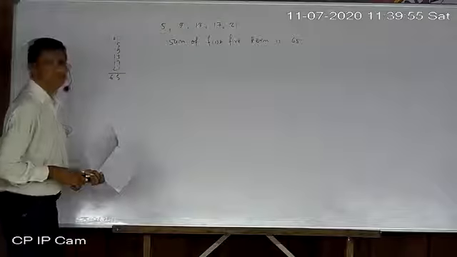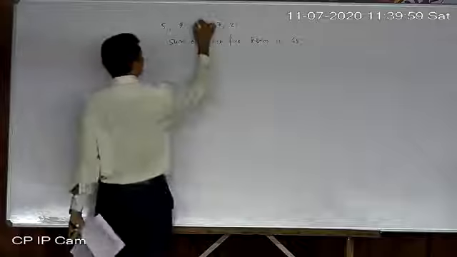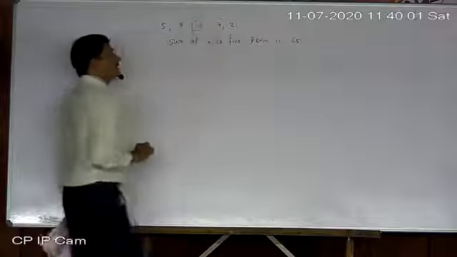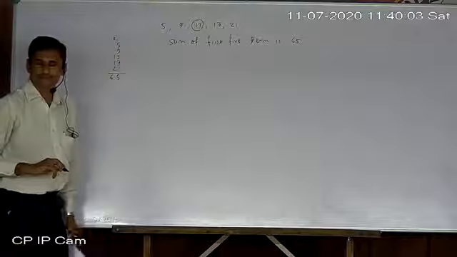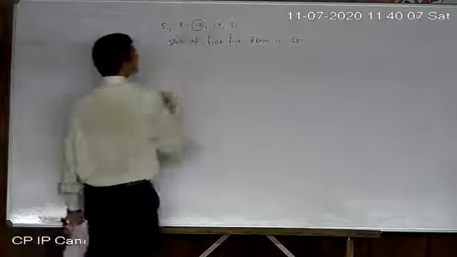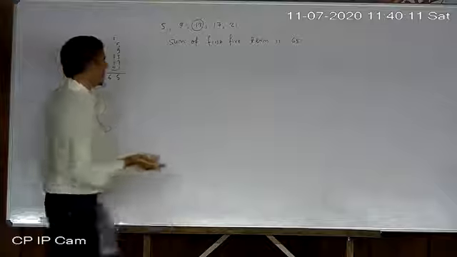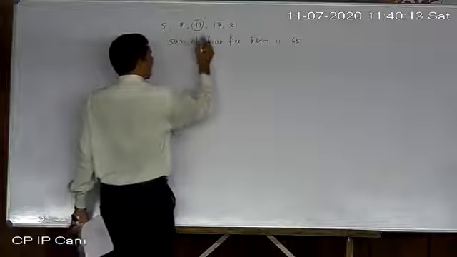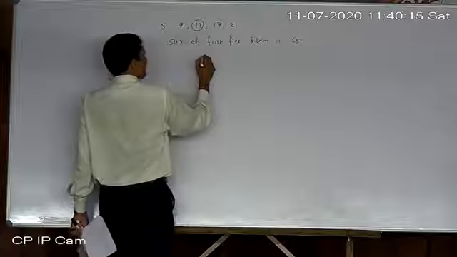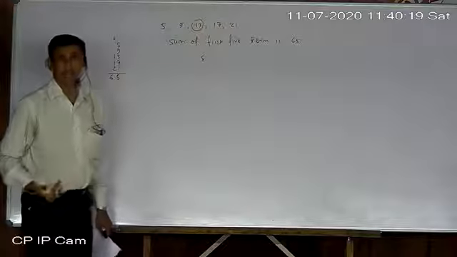Actually, it is nothing but an average: 13, 5 times is 65. So that is nothing but an average. Now you know how to find average. Can I say finding average is the sum of all terms divided by n?